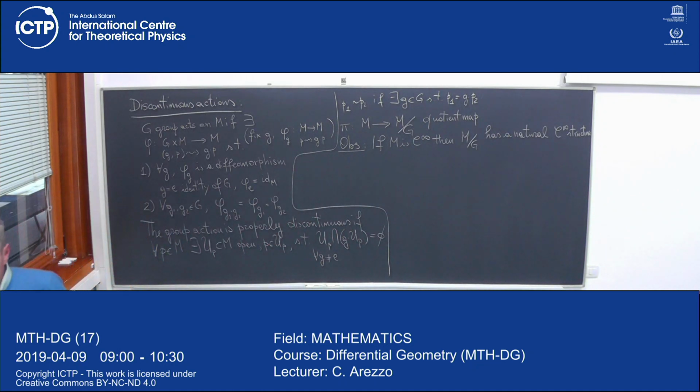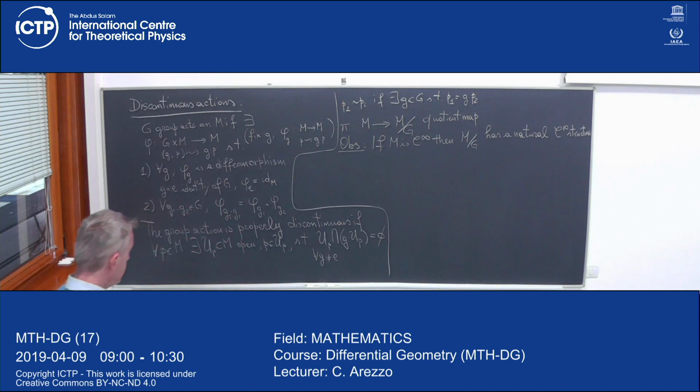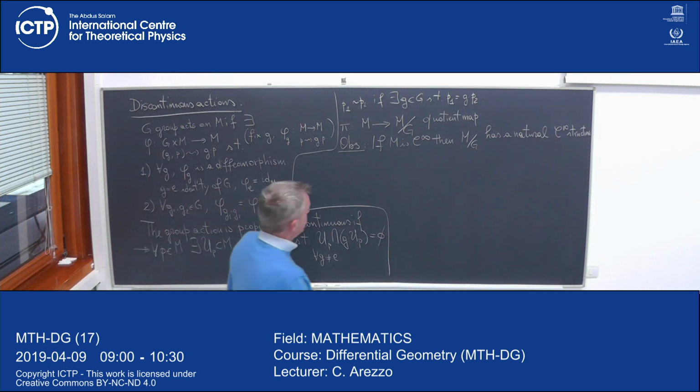Well, I just start the proof because then it's just a sequence of checks. The point is, of course, you have to repeatedly use the definition of properly discontinuous. So how do I construct charts in the quotient?